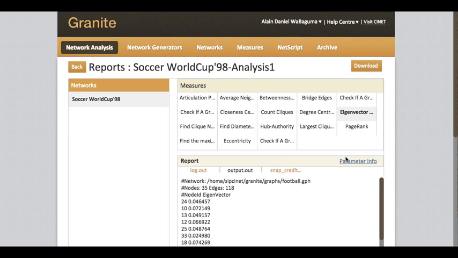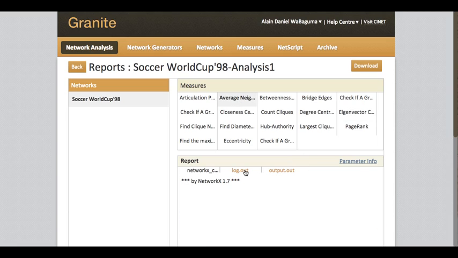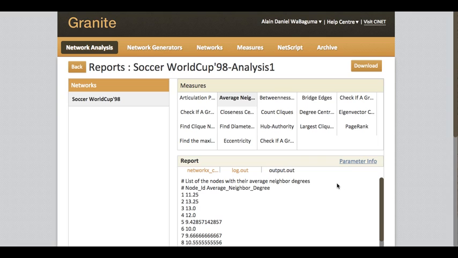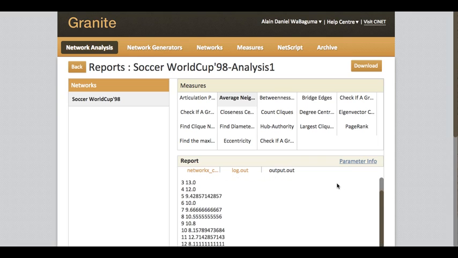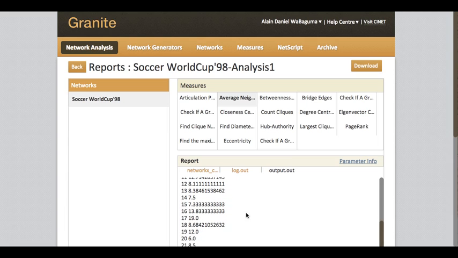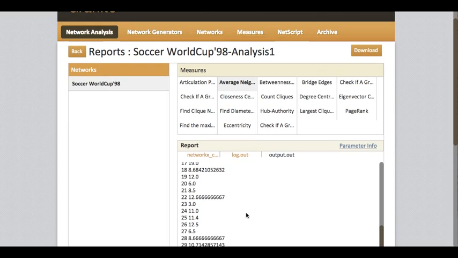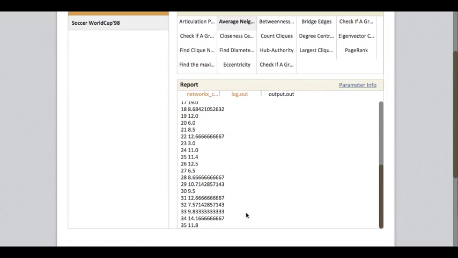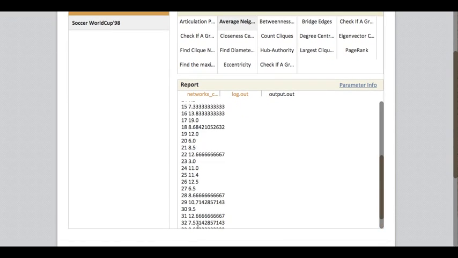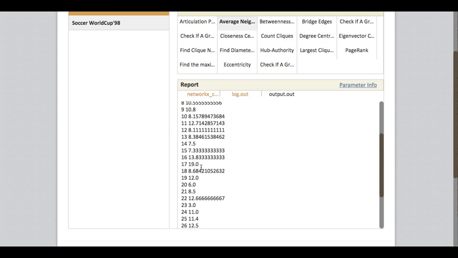Question number 7 wants us to find the largest value for the average neighbor node degree. Average neighbor. I see 11, 13, 13, I see 19, so 19 is the highest I see here.